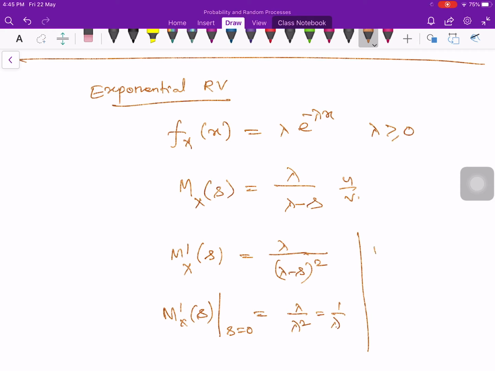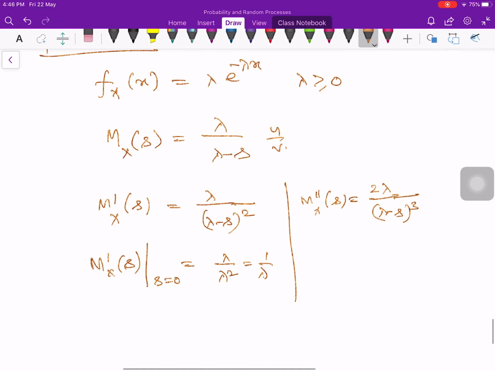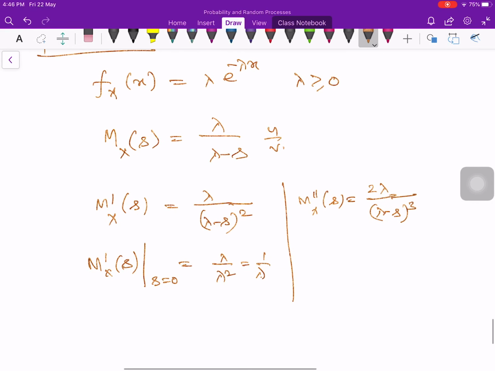Similarly, take the second derivative, M double prime of s, which if you differentiate one more time is 2 lambda over (lambda minus s) whole cube. It's a simple exercise. Then substitute s equal to 0.